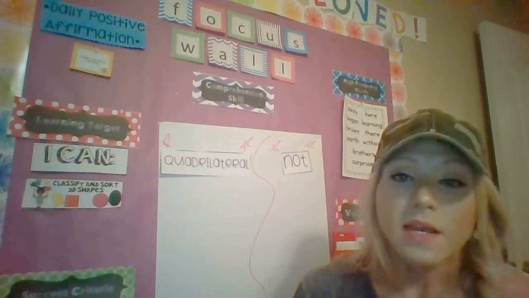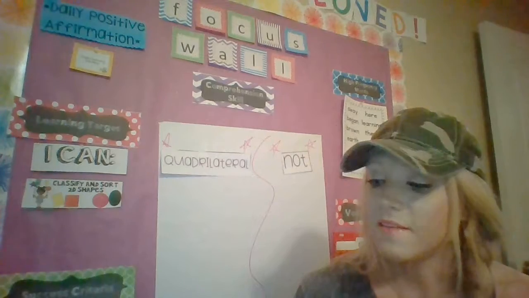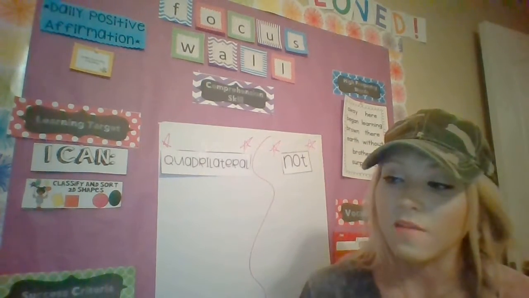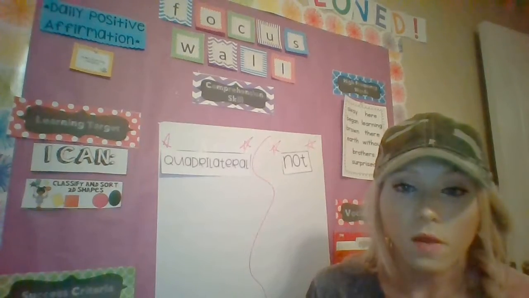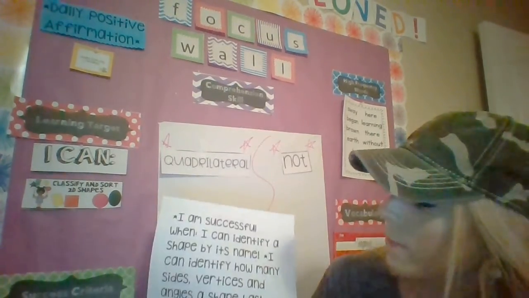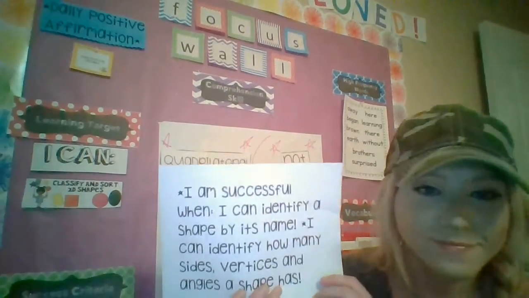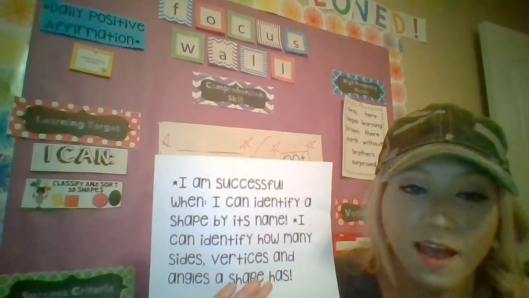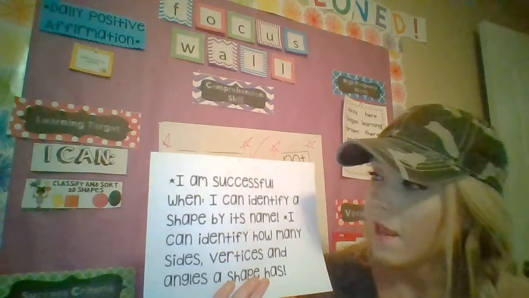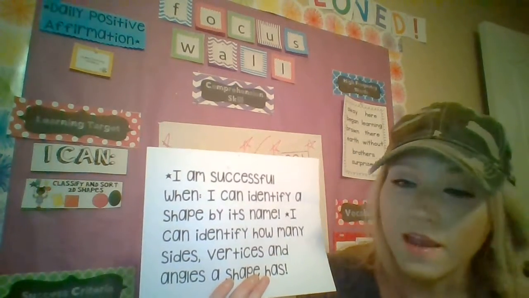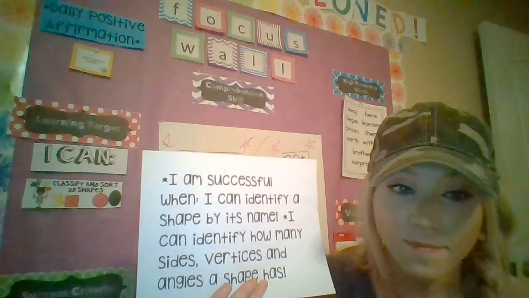And our success criteria is the same as the past 2 days because that's also how we're going to be reaching our goal. So you guys are on the right track. Repeat after Miss Peterson. I am successful when I can identify a shape by its name.